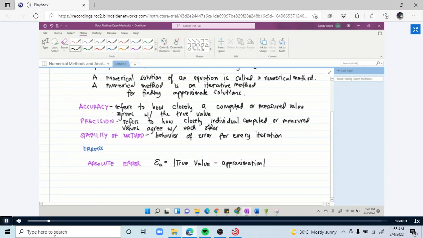Now, in our case, we will be getting the absolute error between two succeeding iterations. So what we'll be using in our discussion is the notation absolute value of delta x sub n, which is also an absolute error, but between two successive approximations. Okay, so this is x sub n minus x sub n minus 1. So what are these x sub n and x sub n minus 1?